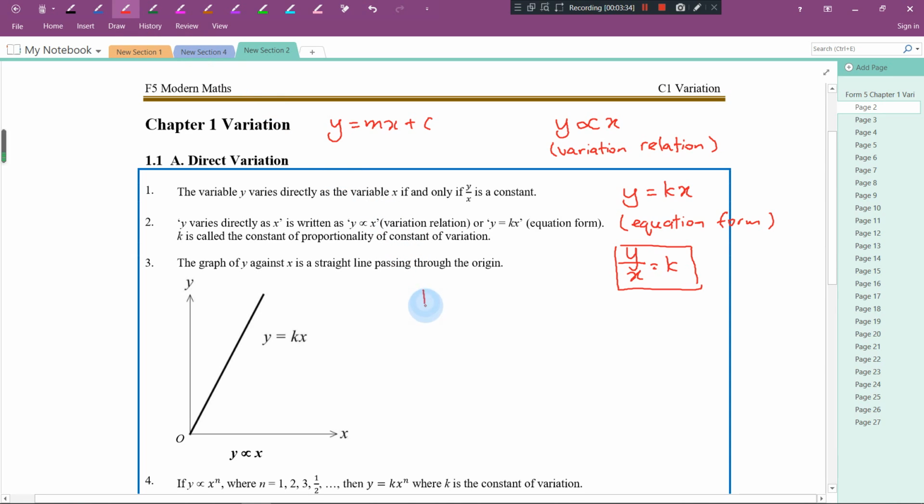But if the question gives you a graph like this, for example, y against x, and the graph is going downward like this, and the question asks you, does y vary directly as x? The answer is yes, as long as this is a straight line and passes through the origin. But why do you seldom see this graph?